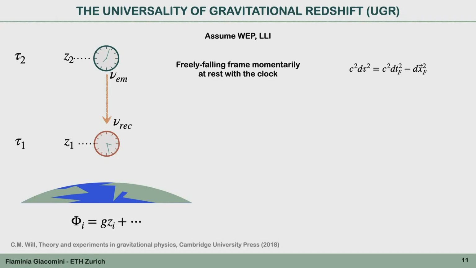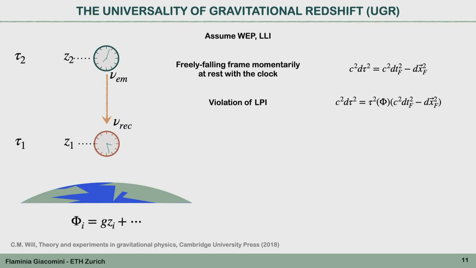In the freely falling frame, momentarily at rest with clock 2, I can write the line element, with local Lorentz invariance, in this way. However, if local position invariance is violated, then the proper time of the clock in the freely falling frame that is momentarily at rest with the clock can depend on the position of the clock.